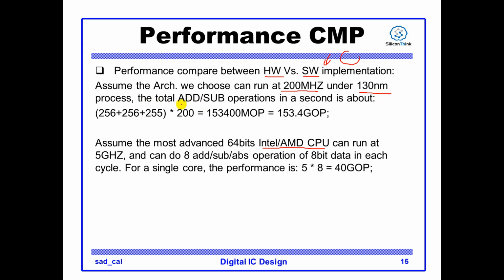This is a little old process in these years. And the total sub operations in a second, you can figure out the sub, absolute, accumulate operations. Then we run at 200 MHz, then we'll yield mega operations.